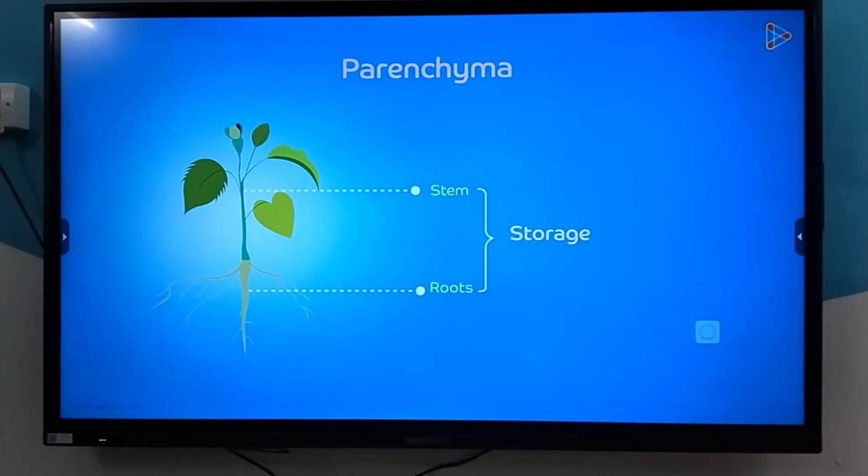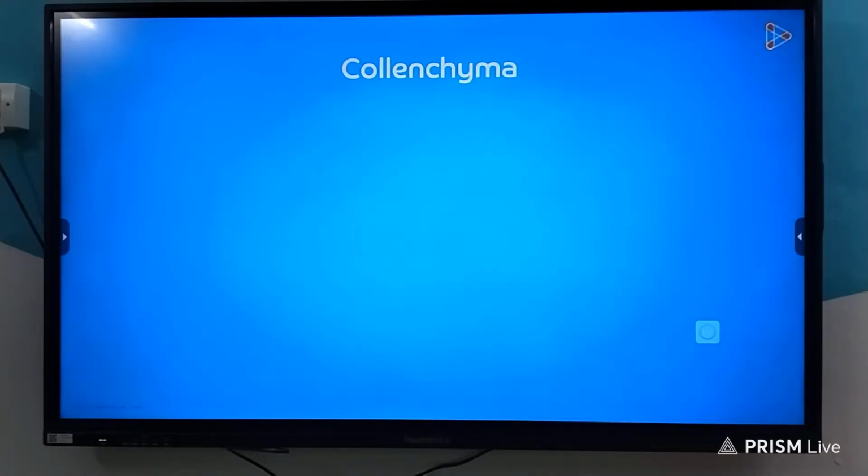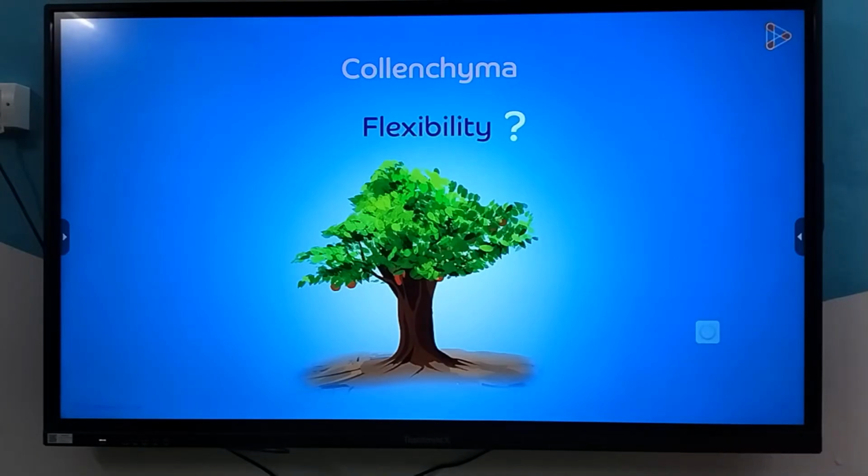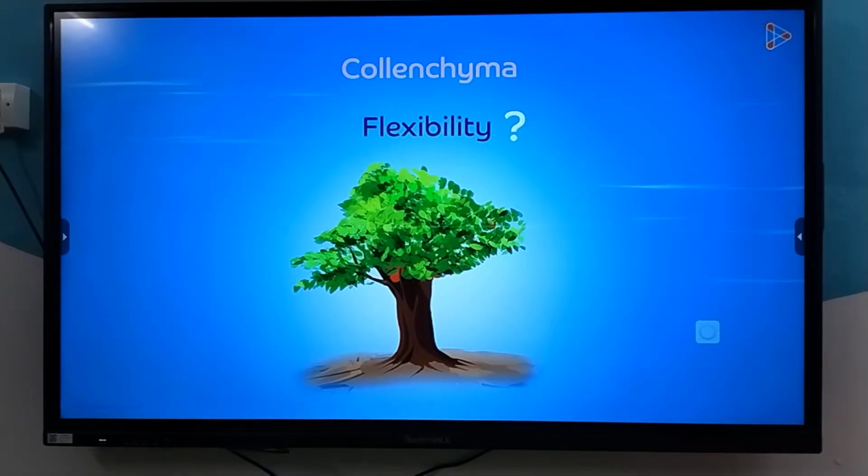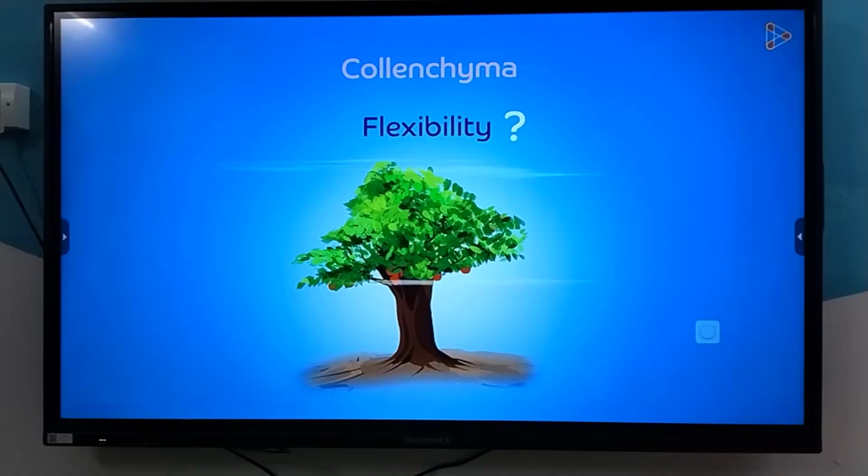Now let's get into the next type, that is the collenchyma, the one that helps our plants achieve flexibility. Yes, you heard me right. Well, you may wonder, why do plants need flexibility? They don't even move like us. I must say, you are wrong. Because not only do they move their parts, but even dance to the beautiful rhythm of the air.